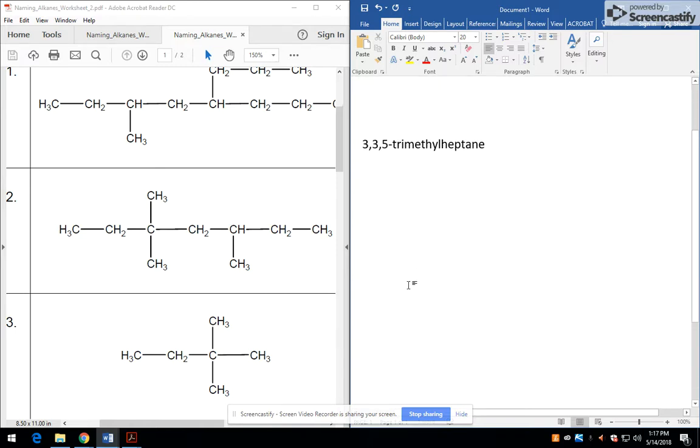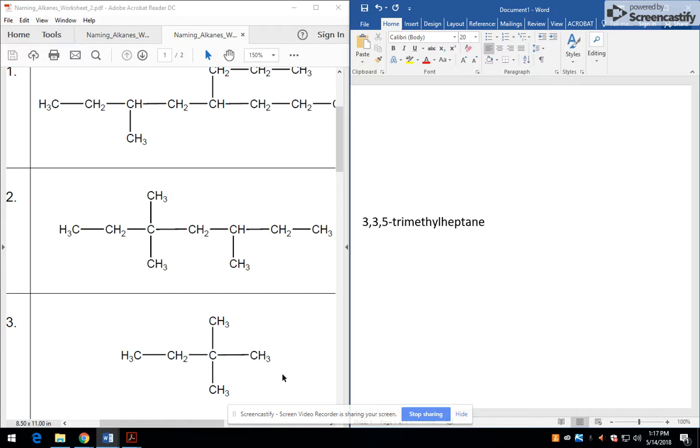So let's try number 3. Same kind of thing. Now, no matter how you count it, the longest chain is 4 carbons long. I'll just go straight across because it's easier for me to see it that way. 1, 2, 3, 4. The end of it is going to be called butane. This time I have 2 branches, 1 there, 1 there.